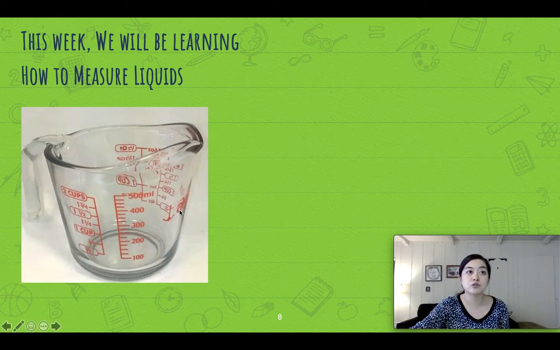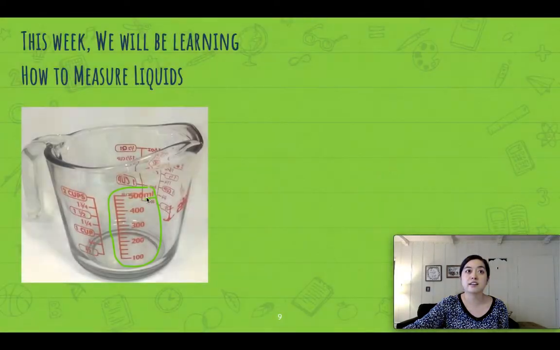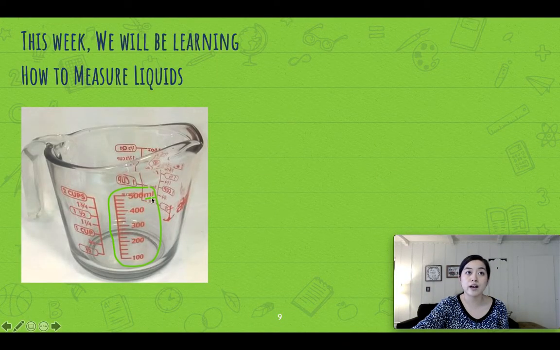We're going to use measurements on this side of the cup right there, okay? And we're going to learn what ml stands for, all right? And what 1000 ml is equal to, okay? All right, let's continue.